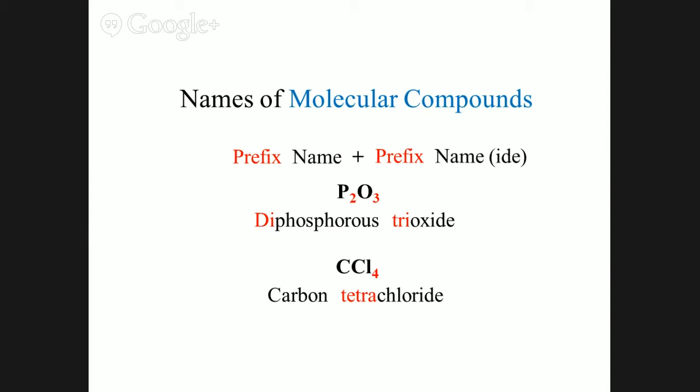The prefixes you see in red there, the di for 2 phosphorus, the tri for 3 oxygens, and then the oxygen ended as oxide. Second example, we have carbon tetrachloride, 4 chlorines, ends in ide.